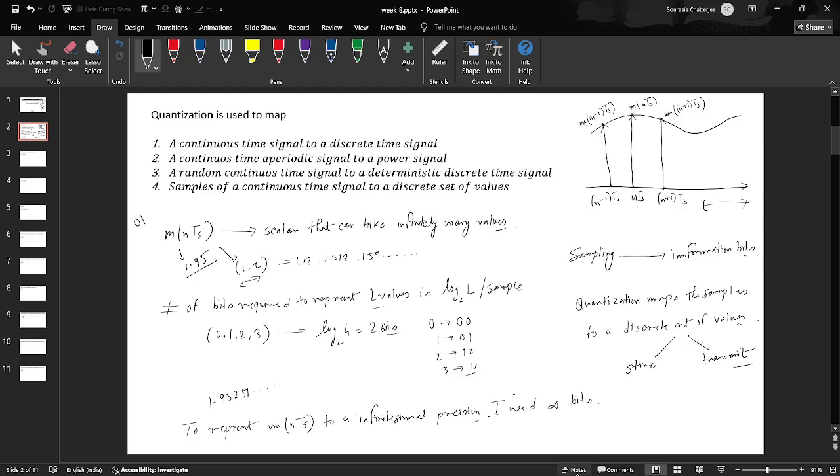It says, I am going to map the sample not to infinitely many values but only to a discrete set of values. So the number of bits per sample required is finite, and that allows you to store or transmit them in a practical scenario where you have finite resources in terms of transmission or memory.